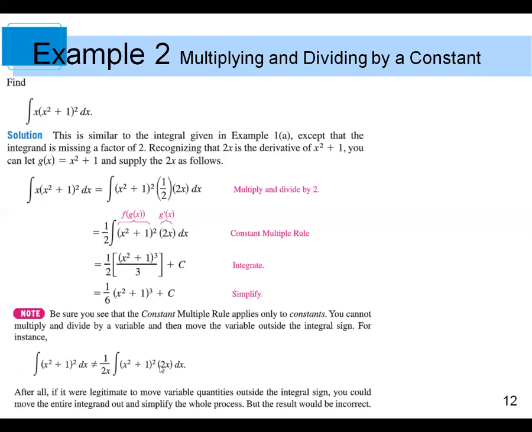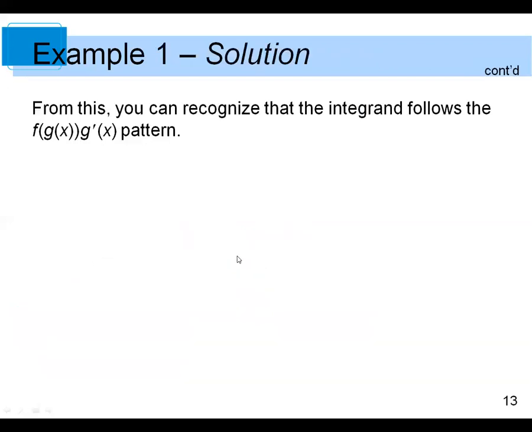Well, you can't multiply and divide by 2x because now you're introducing other variables, and that's not a legitimate way to adjust. We'd have to do something else, and this integral right here is beyond the scope of what we're going to do right now. So remember, you can adjust for a factor of a constant, but not a factor of a variable. Might have to do some other things.